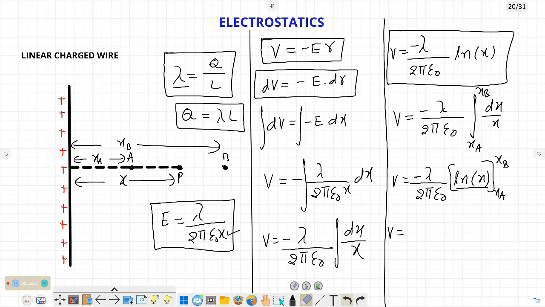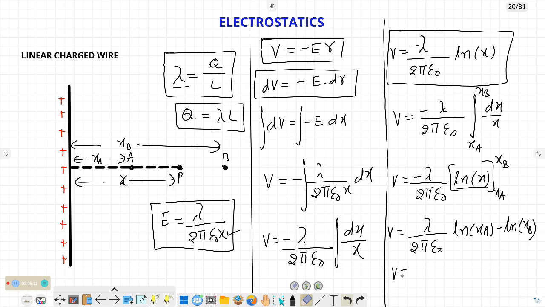log xa. Log a minus log b is equal to log a by b is the formula, that is nothing but minus lambda by 2 pi epsilon naught. What you do is take the minus inside. If you take the minus inside, then it becomes log xa minus log xb, that means ln xa minus ln xb.